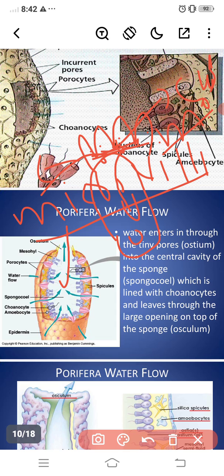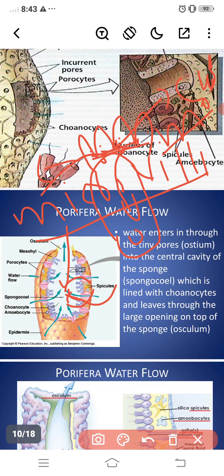When they trap the food particles, the particles are ingested and digestion takes place intracellularly. Now, how does respiration take place? The water moves into the body of the sponge, and they take oxygen and give carbon dioxide to the water.